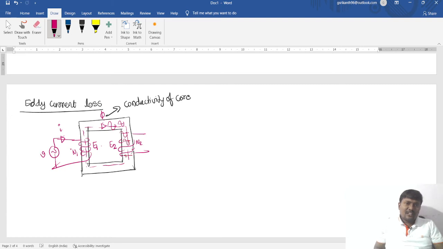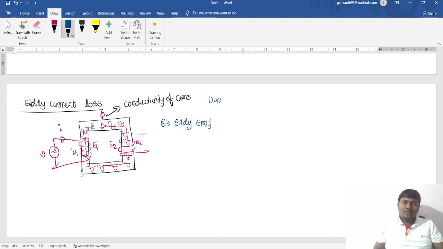and because of the conductivity of the core, some EMF is induced in the core. This EMF is called the eddy EMF.